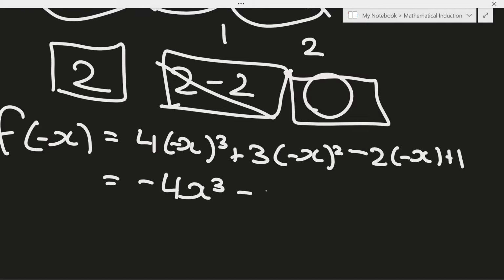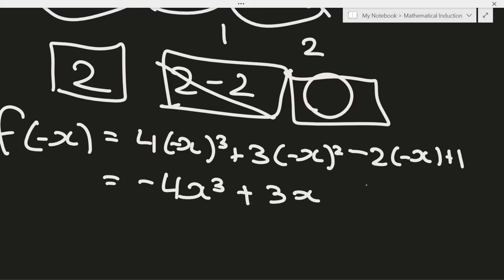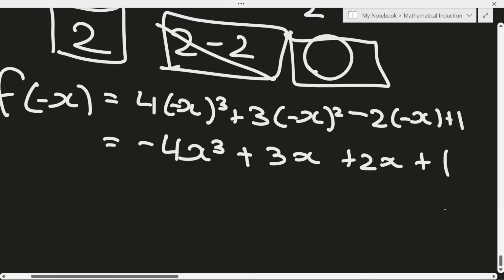Yeah, minus 3x. Wait. No, plus 3x, sorry. Plus 2x plus 1. So we'll check the number of sign changes.